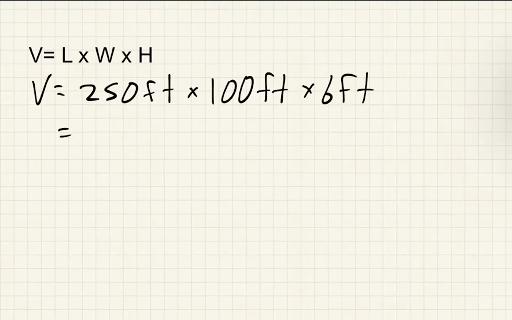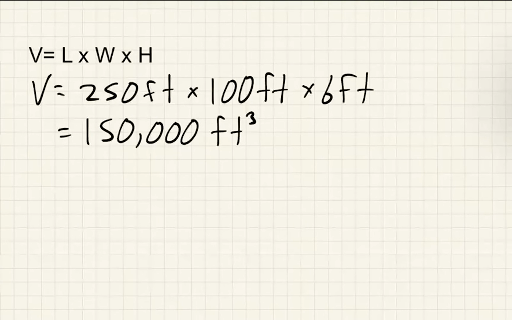If we plug this into a calculator, this equals 150,000. Those are our numbers. And the units multiplied by each other: 1 foot times another foot is feet squared, times another foot is feet cubed, or 150,000 feet to the third power.